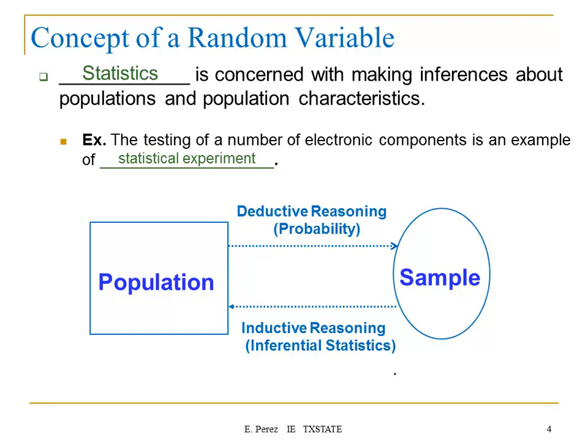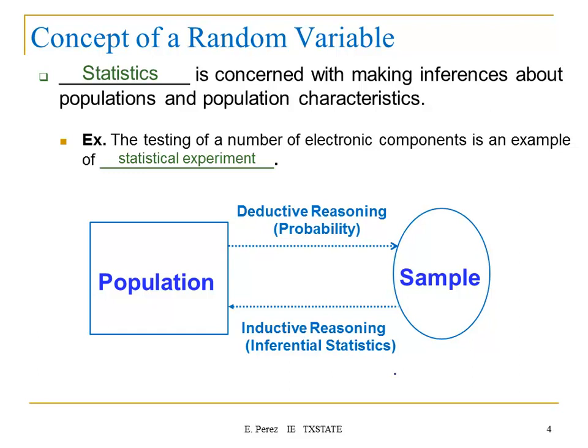Remember, what we are trying to do in this course is basically summarized in this diagram. We want to make deductive reasoning about your population, about every item that you have in your process. You're going to use probability to show how to get a sample, and you know what a sample is already. And using the sample, we're going to use statistics to make inferences about our population. Okay, so keep this in mind.